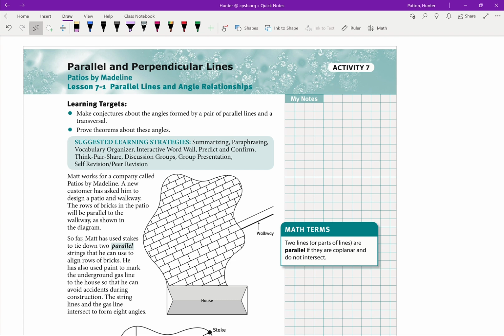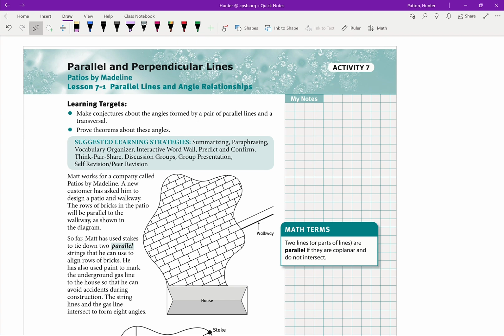So you'll see it's kind of a real life scenario, where we see parallel and perpendicular lines in the real world. So this video consists of lesson 7-1, which is titled Parallel Lines and Angle Relationships. So we'll just be dealing with those parallel lines and then the angles that are formed from parallel lines.